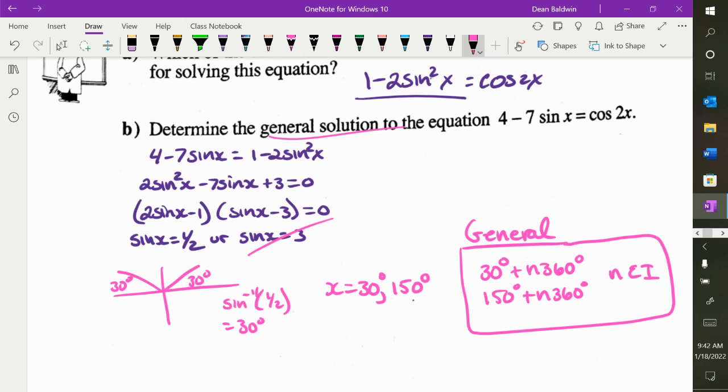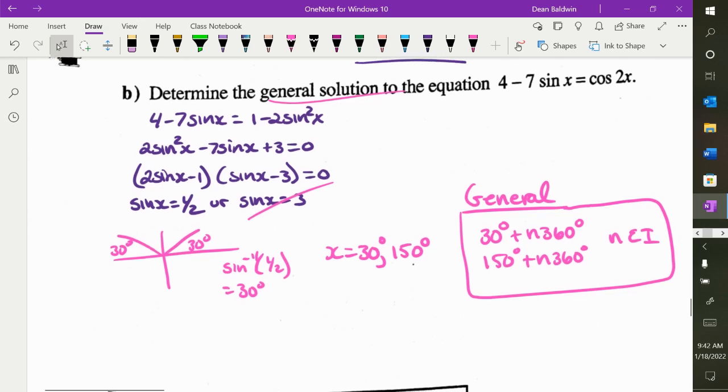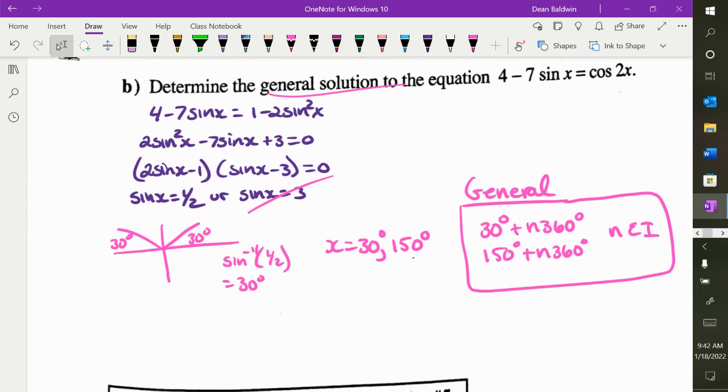One other thing I just want to point out. Can I move to the second page? Yeah. -6, yeah. Wait, that's not what.